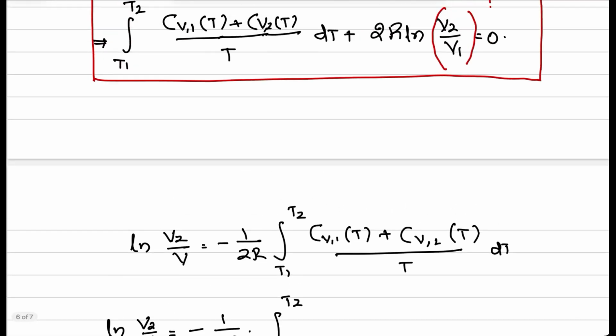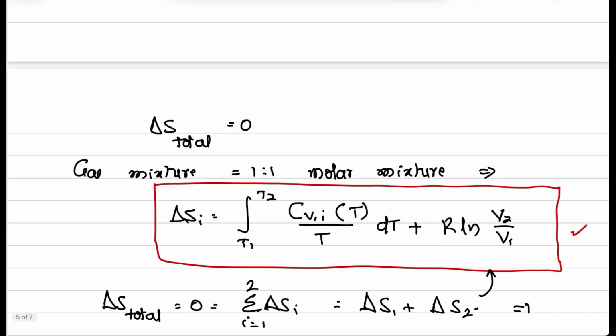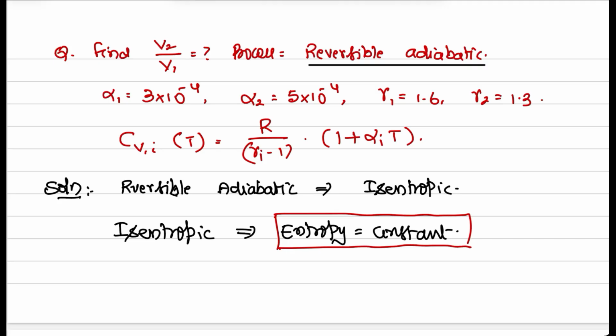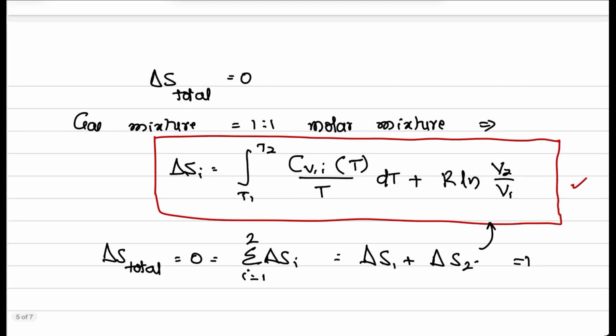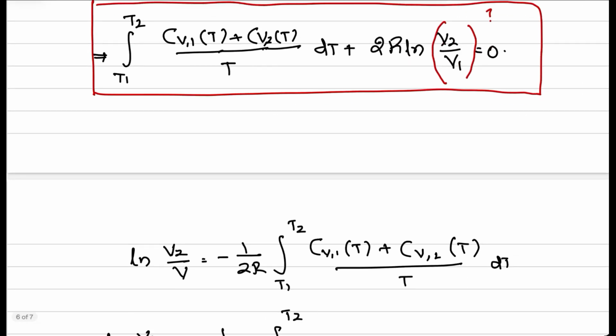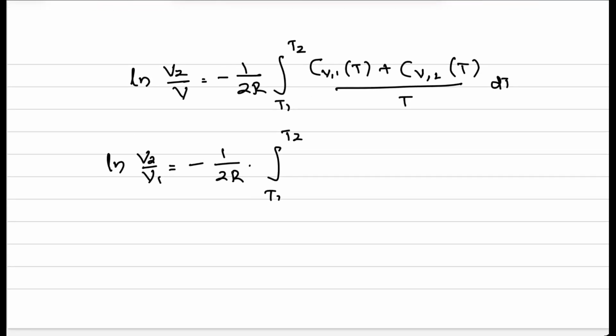What is CV1 T? CV I T is equal to R by gamma I minus 1 into 1 plus alpha I T. In that, what is the value of CV1 T?